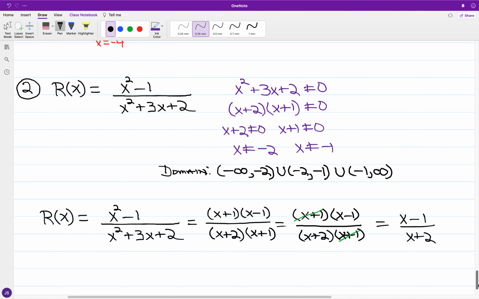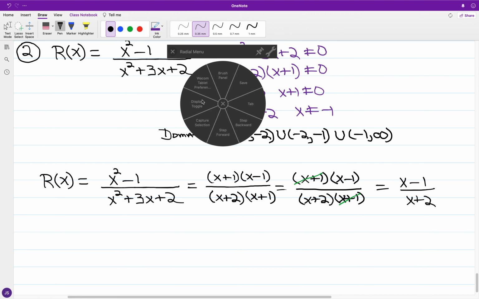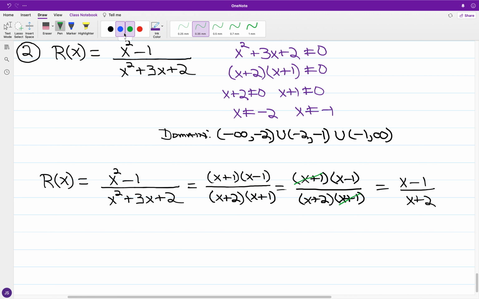And if you notice, x plus 1 cancels, and since x plus 1 cancels out, any exclusion from the domain whose factor cancels out signifies that instead of being an asymptote, it's going to be a hole in the graph.